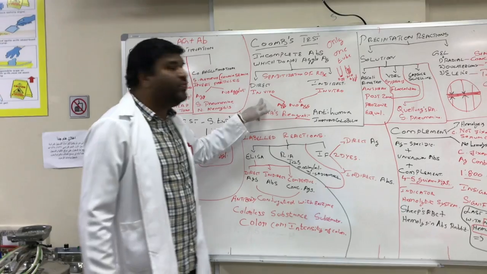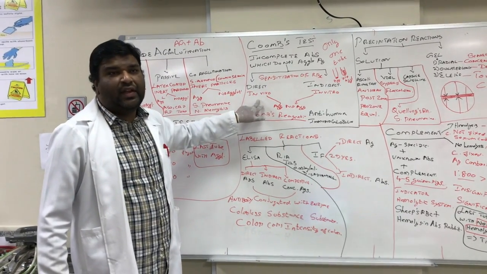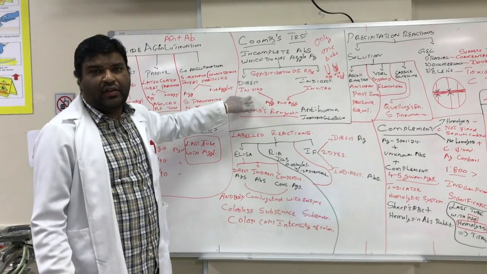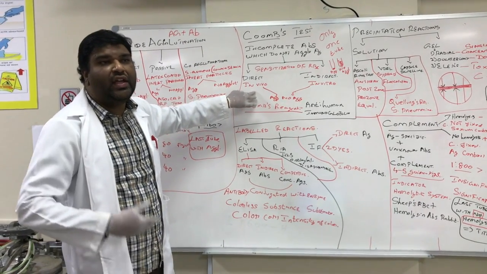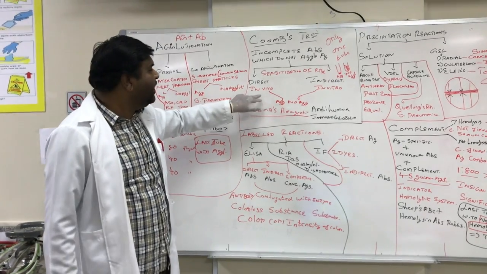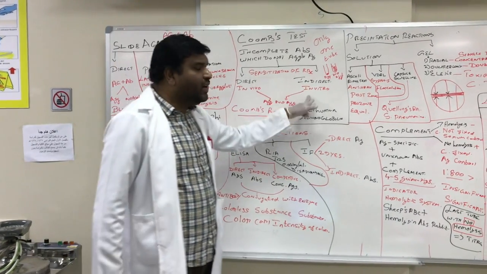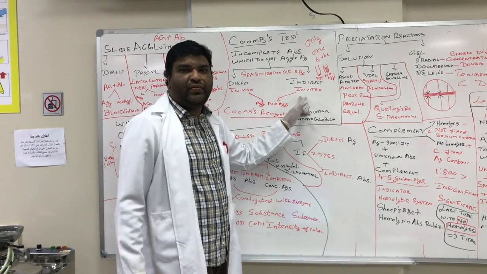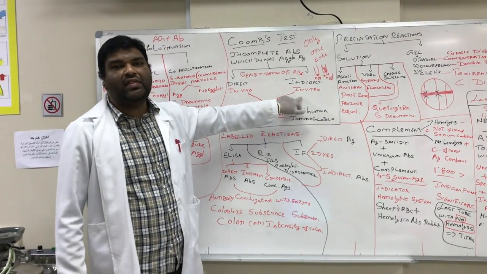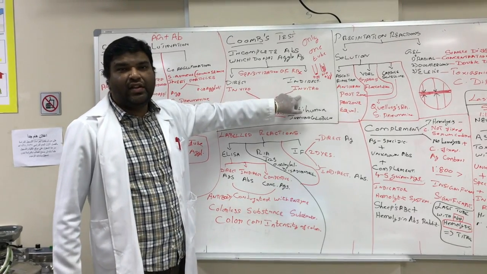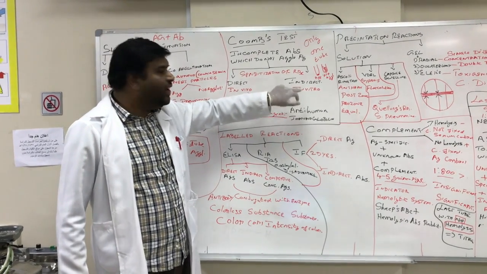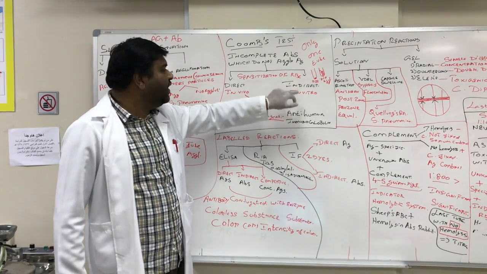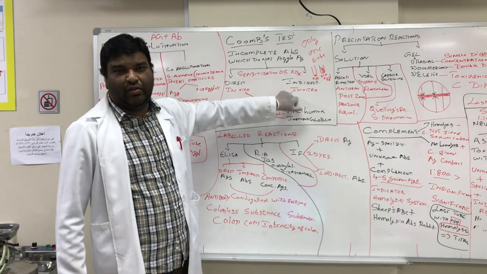For example, erythroblastosis fetalis, drug-induced reactions, transfusion reactions, or any other things related to autoimmune disorders are direct. And if it is done for the mother, if an Rh negative fetus is there in the mother and the prenatal test has to be done, it is indirect. Before the transfusion of blood, indirect. And even for the abortion of an Rh negative fetus, it is done with the indirect Coombs test.